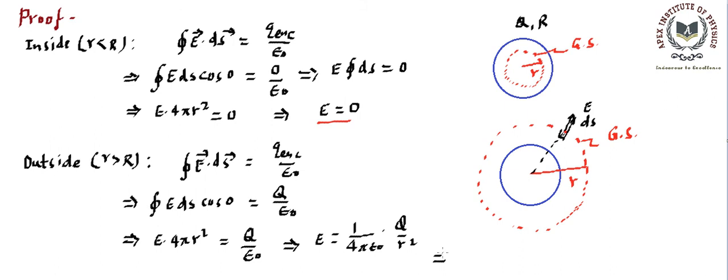Hence this is the proof. That means E outside came out to be just like a point charge, kQ upon r square, where r is the distance from the center. So we have proved the second part as well. These are the proofs for the results that we have discussed earlier in detail.